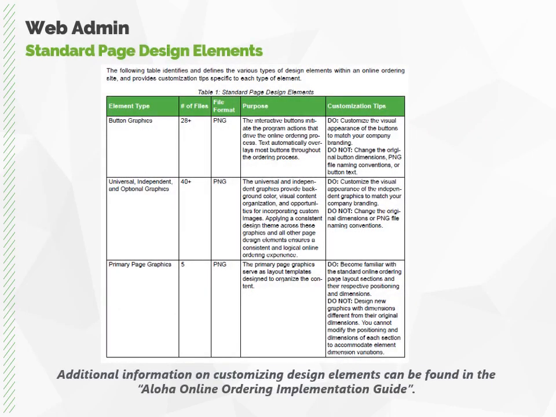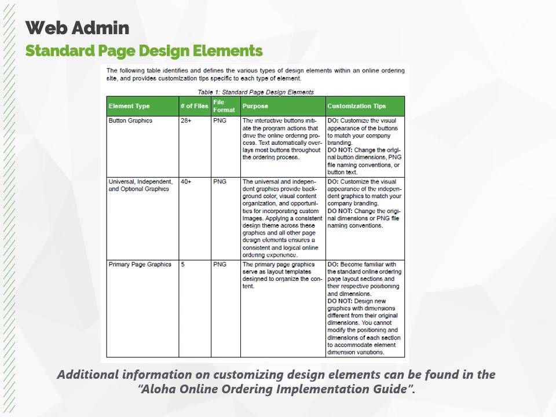Standard page design elements include button graphics, universal graphics, independent and optional graphics, and primary page graphics. Table 1 provides a description of these various types of graphics. When customizing button, universal, independent, or optional graphics, never change the original dimension, the .png file extension, or the button text.